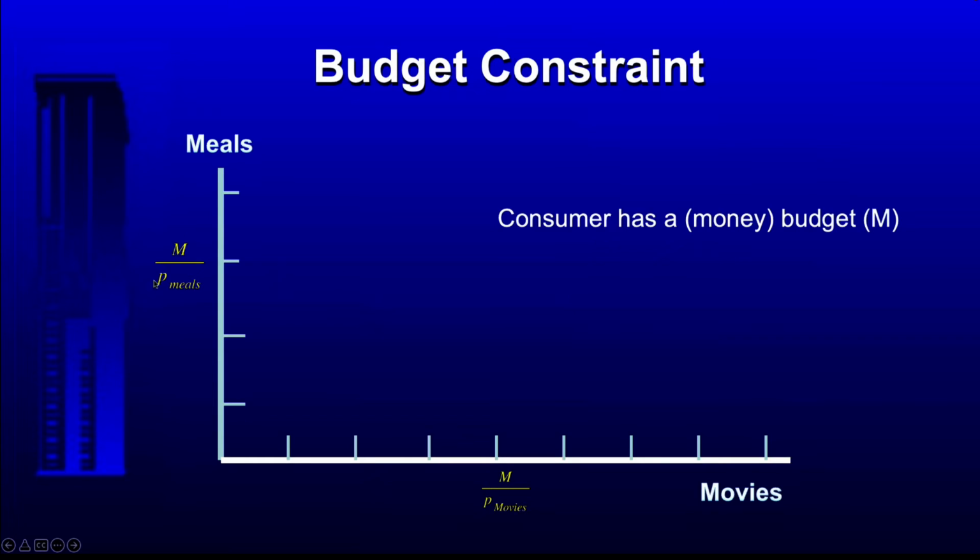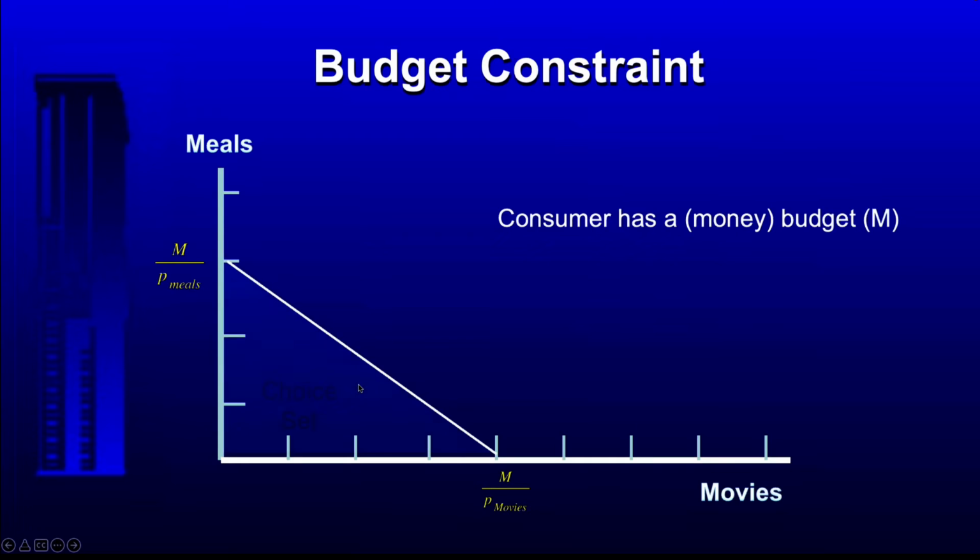Divide M by the price of meals, and that's going to give you the total number of meals that he could buy if he chose to spend all of his money on that. A straight line between those two points is going to give us all the combinations of movies and meals which he could just afford with his budget M.